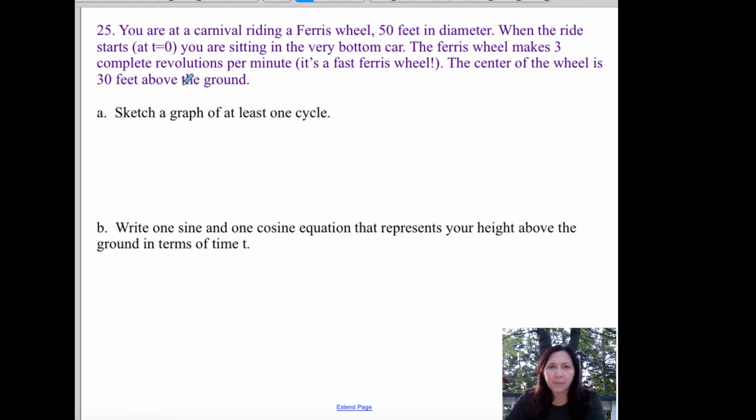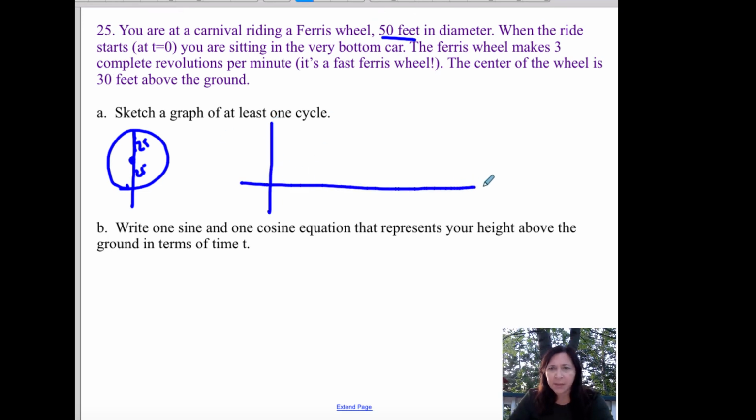So for this problem, you are at a carnival riding a Ferris wheel. The Ferris wheel is 50 feet in diameter. So let's say that we have a Ferris wheel, and our Ferris wheel is going to be 50 feet in diameter. So that means it's 25 feet up here, 25 feet down here. Okay, when the ride starts at t equals 0, so that means here's 0 at t equals 0.